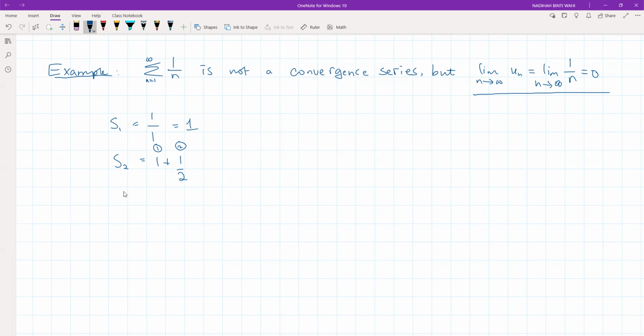And then if I have S3, I have 1 plus 1 over 2 plus 1 over 3. S4, why did I do it like this? Because I want you to see the pattern. So S4 is 1 plus 1 over 2 plus 1 over 3 plus 1 over 4.